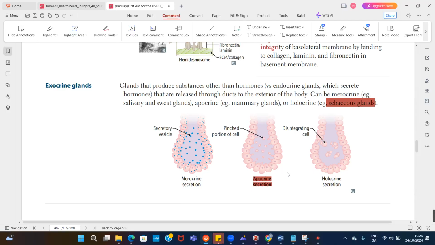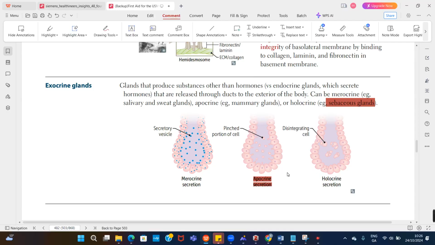For the apocrine secretion, the cells that contain what you want to secrete, breast milk for example, don't get disintegrated, but they get pinched off out of the cell into vesicles. Then in that vesicular form, they are released into the duct. That is an example of your apocrine secretion. That's why I give the analogy of an apple, taking a bite, taking a pinch of the apple, and the breast looks like an apple.